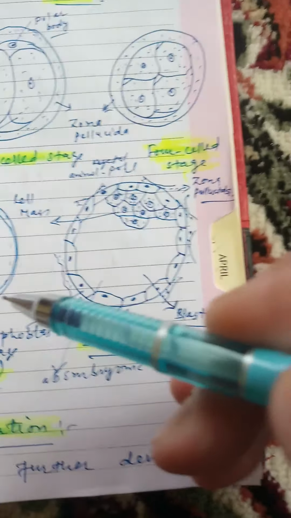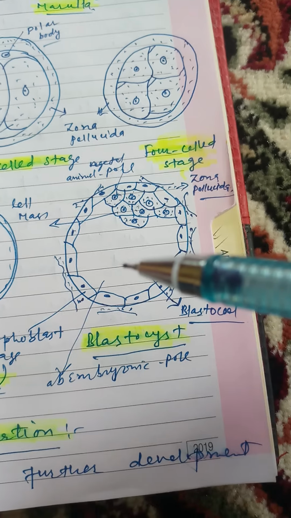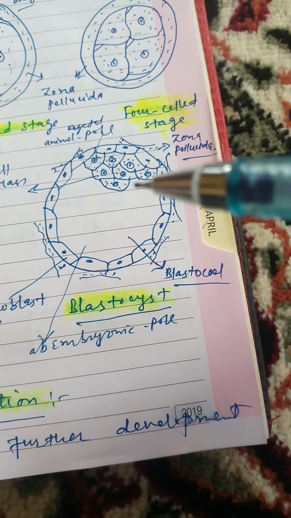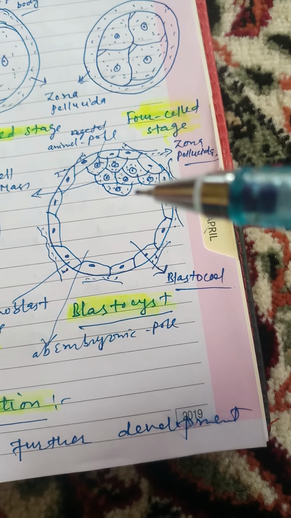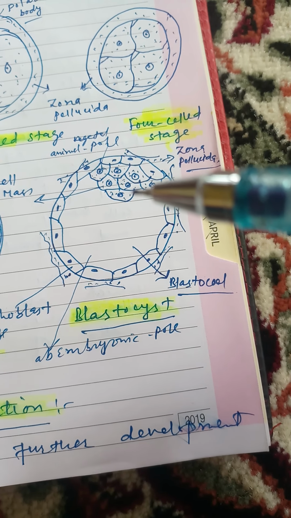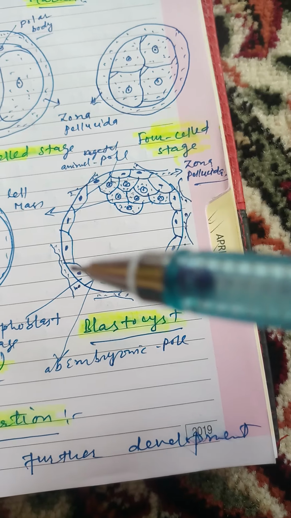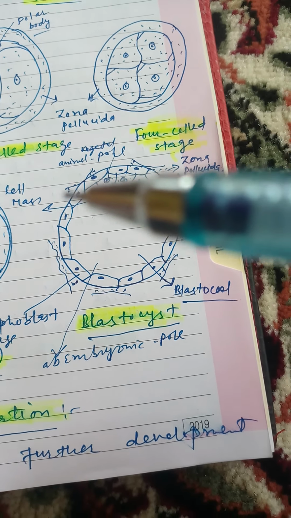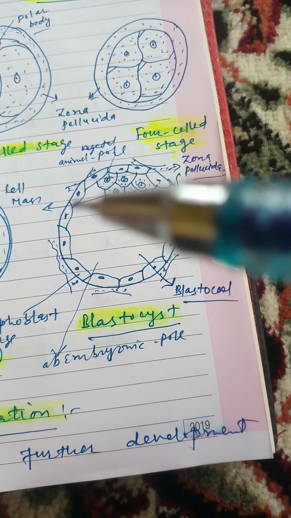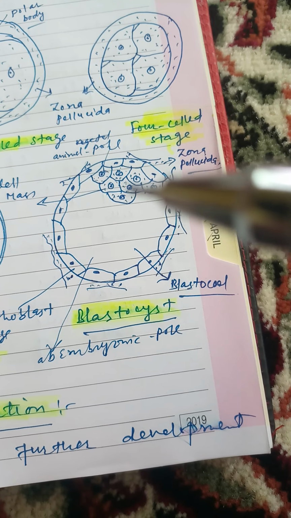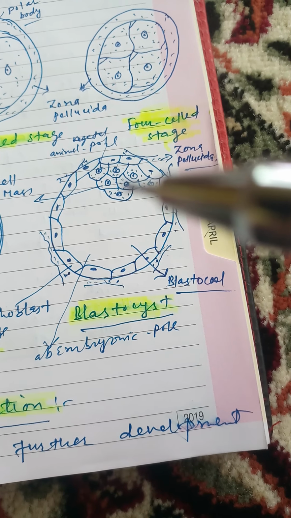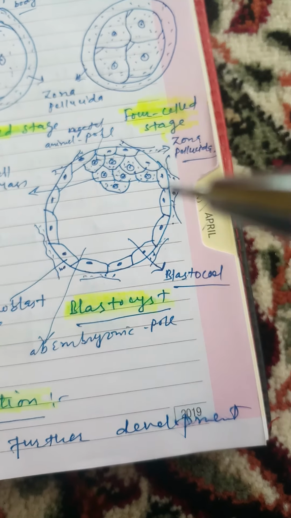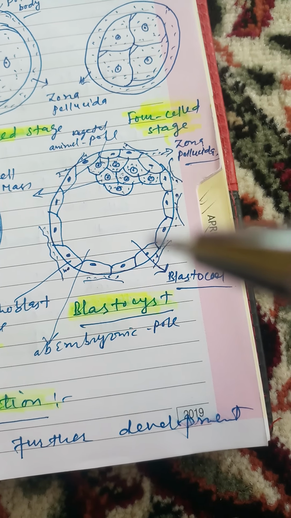Now this undergoes further divisions, and a structure is formed with about 64 cells. At this stage a mass of cells, the blastocyst, is formed, and this type of structure is now known as blastocyst or blastula.